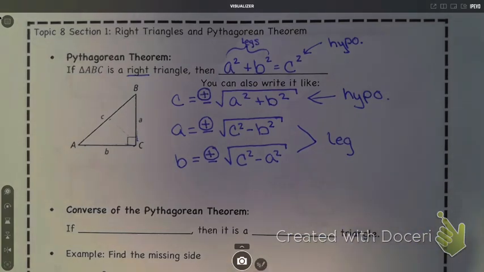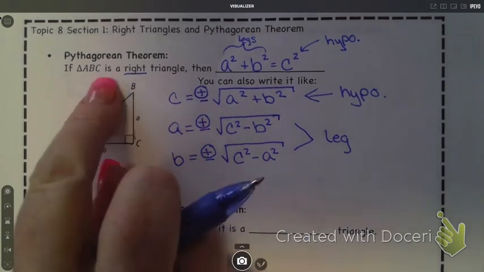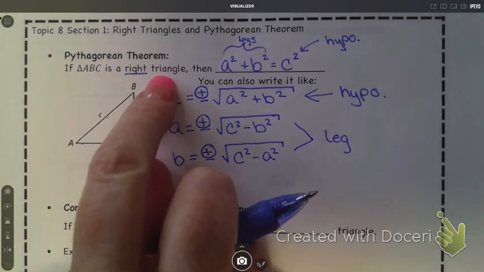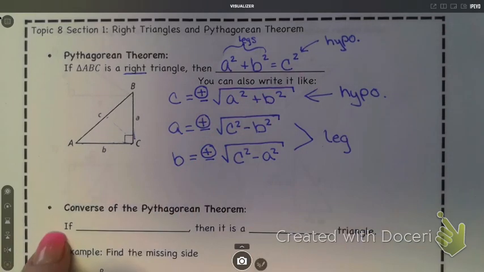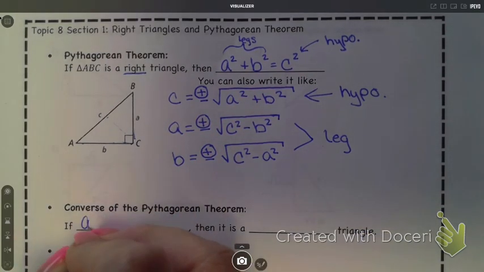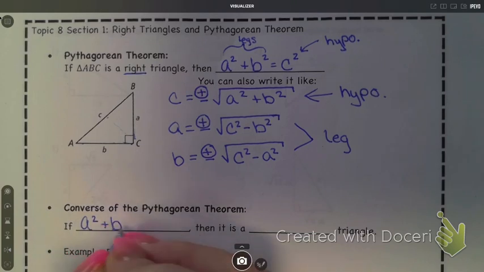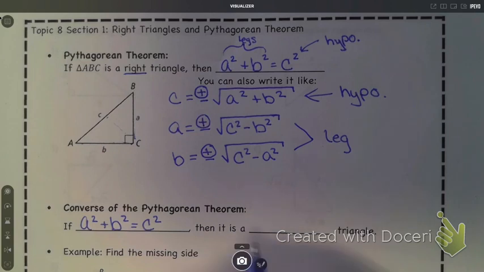Yes, every single time. So if you remember that, will it make your life easier? Yes. So we've said if it's a right triangle, then a squared plus b squared equals c squared. So if a squared plus b squared equals c squared first, then we know it is a what triangle?